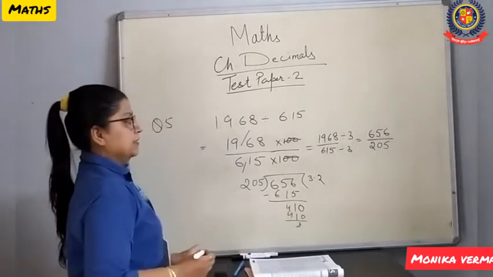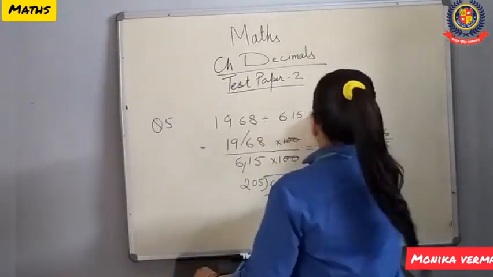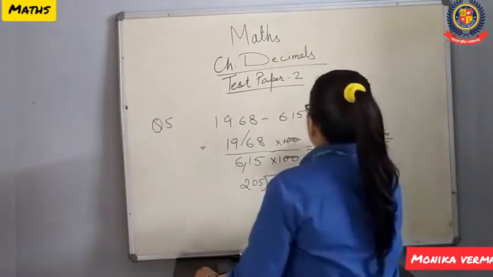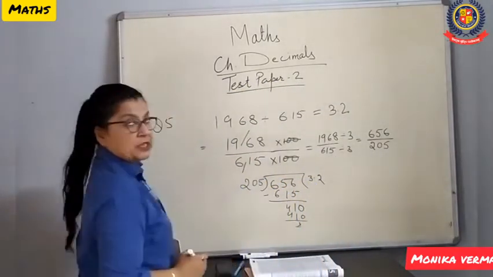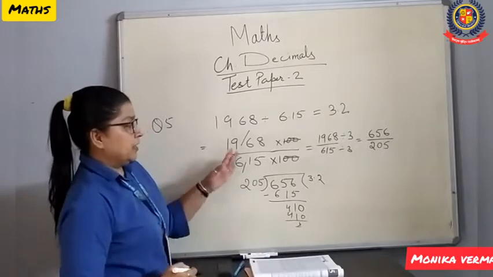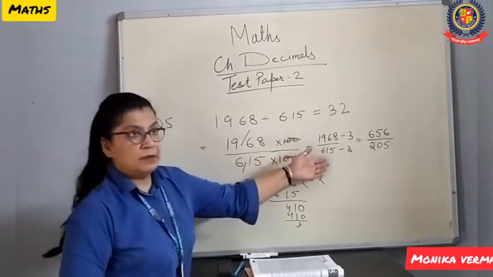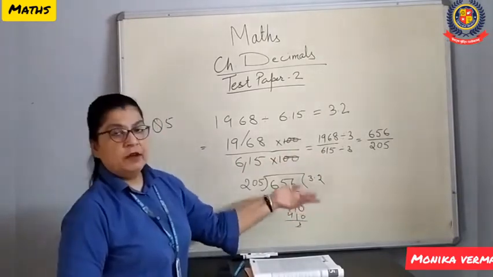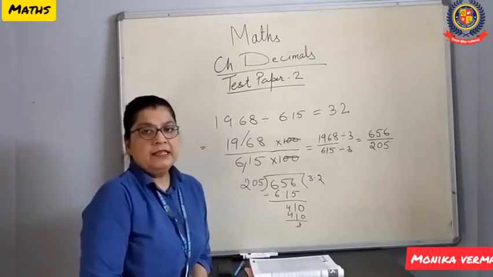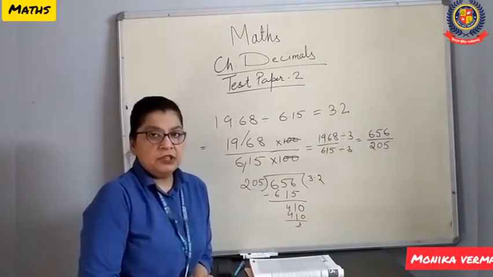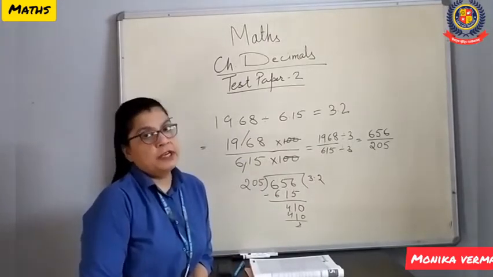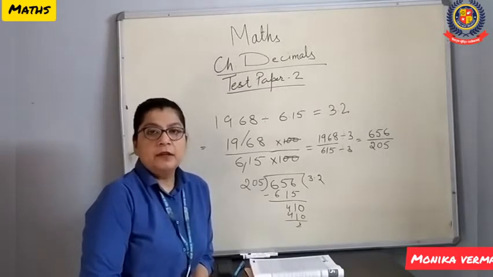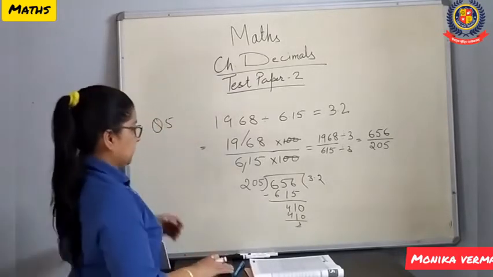So I got my answer 3.2. So we can do anything. We can reduce it, we can divide it, or we can do both. That is up to your choice. In division, it is your choice whether you want to reduce it or divide it. Both are correct.